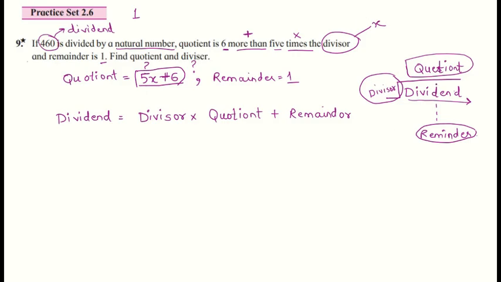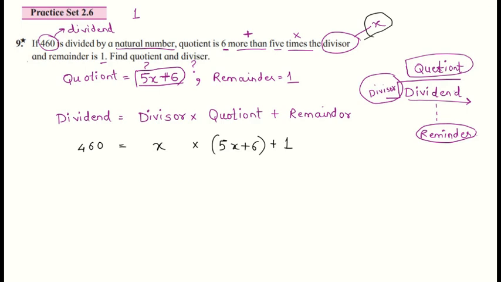So let us write it in the relation we have already taken. Dividend 460 is equal to divisor, which we have taken as x, into quotient, which is 5x plus 6, plus remainder, which is 1.